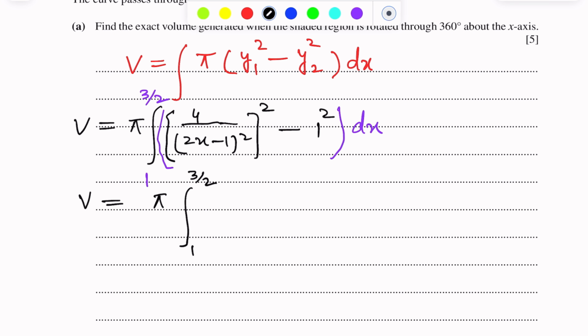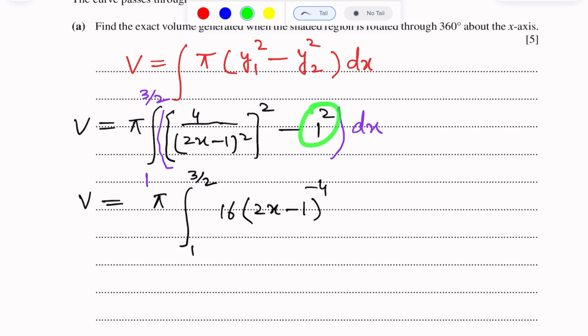So we can write it as 16 into (2x minus 1) power negative 4. Because we have brought this denominator in the numerator, sign of the power will be changed. 16 into (2x minus 1) power negative 4. 1 square is 1. Now we integrate it.